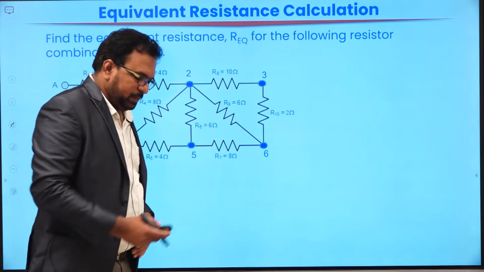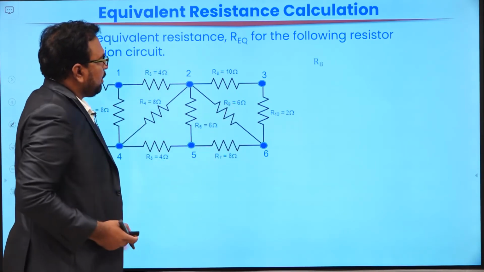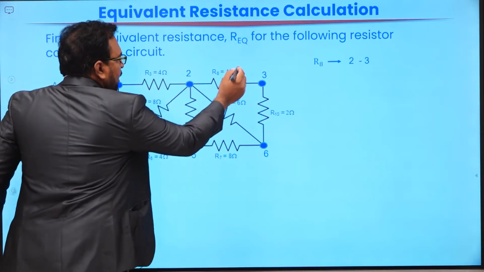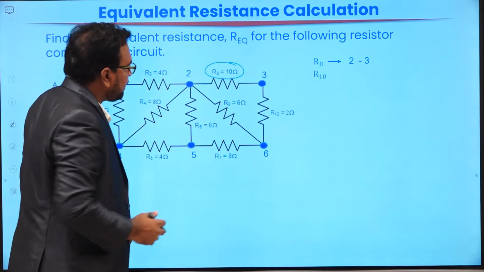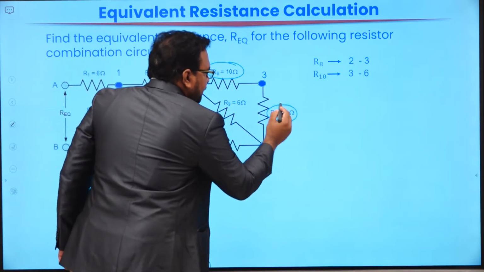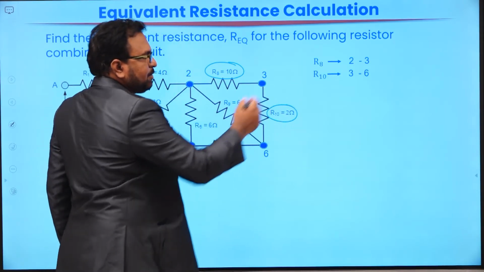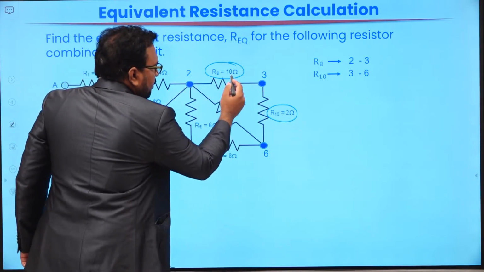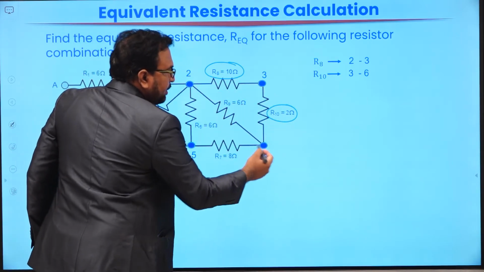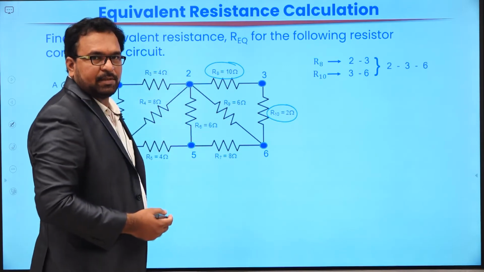From this side, if you observe, the resistor R8 is connected between node 2 and node 3. Next, the resistor R10 is connected between 3 and 6. So from 2 to 3, R8 is there, and from 3 to 6, R10 is there.